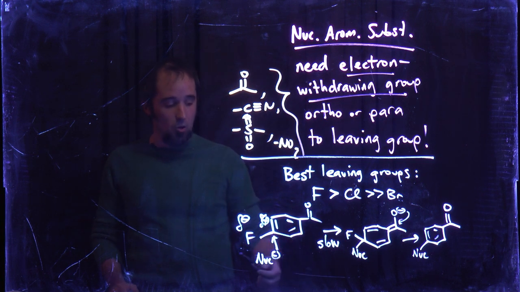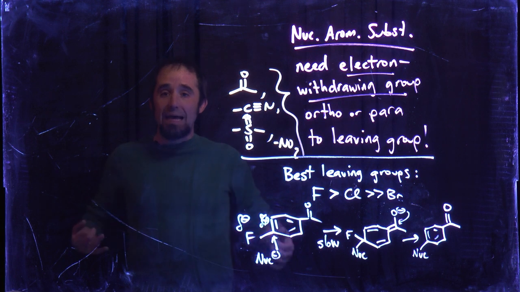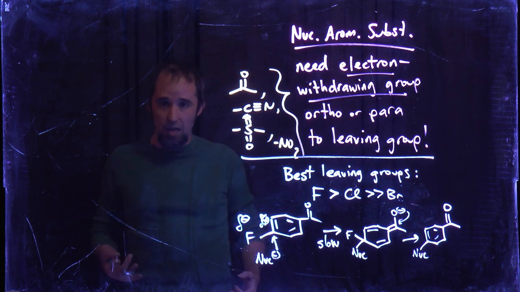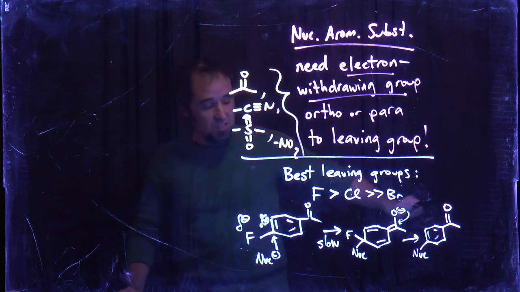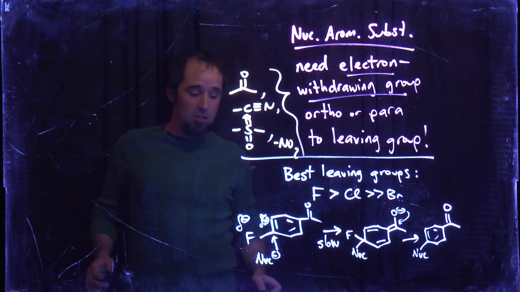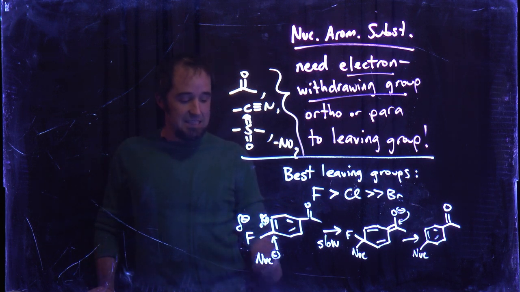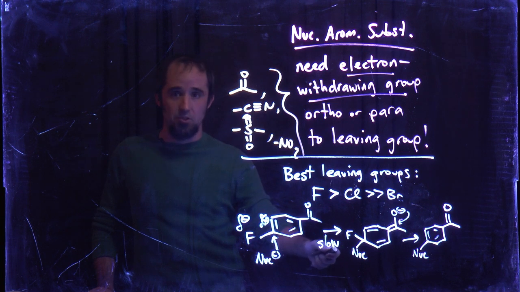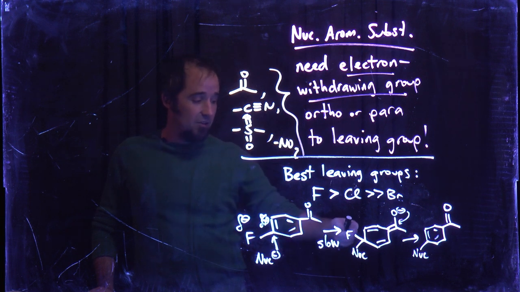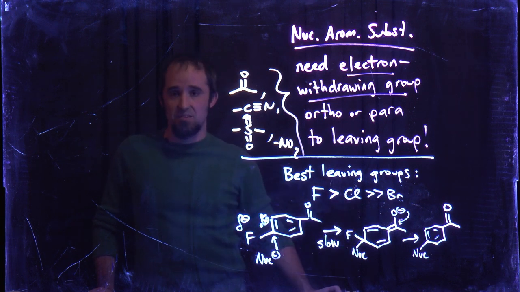So fluorine, usually a bad leaving group especially for SN2 reactions, is great when it's a two-step reaction like this, because it's going to make the addition happen much faster. We're going to speed up the slow step, the choke point. Then after that, fluorine leaves in a much faster second step.